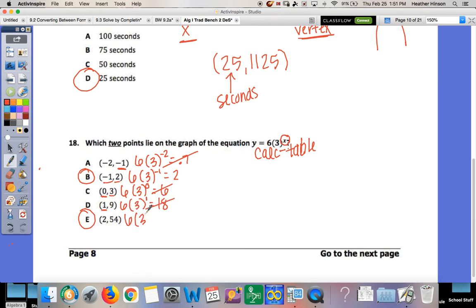And 6 times 3 to the second power, that one is going to give us 54, so that one would be right. So you can plug it into your calculator, or you can work it out by hand. I would recommend the calculator, but if you don't want to, you can work it by hand. Remember though, you only have one class block to take this test, so use any shortcut you can.